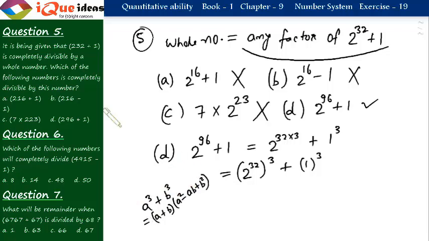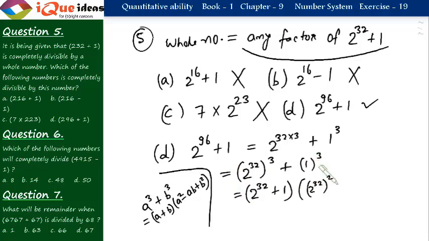All right. So from there we can factorize this as 2 raised to the power 32 plus 1 into 2 raised to the power 32 whole square minus 2 raised to the power 32 into 1 plus 1 square.